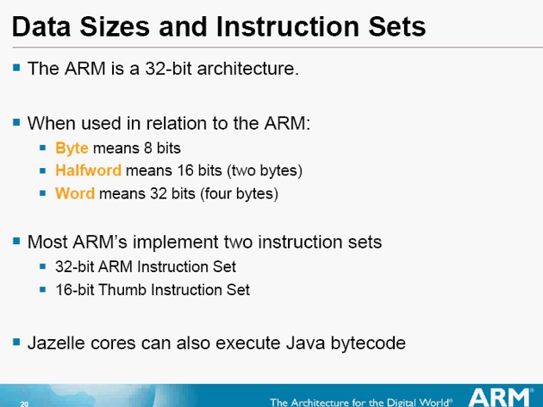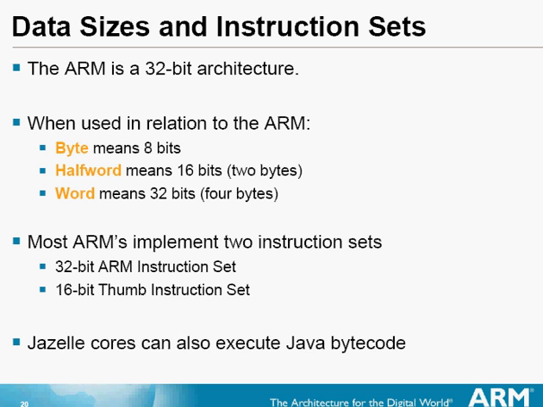But in ARM, 16 bits is a half word. Why? Because our architecture is based on 32-bit. Our word means 32 bits and a half word has 16 bits.